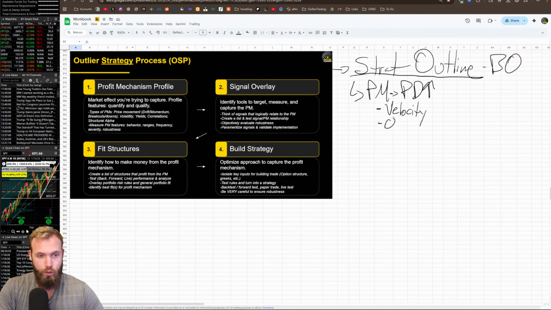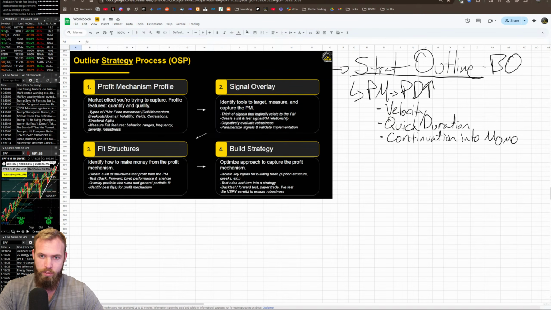And then quick duration, where the move is expected with the potential for continuation into momentum of some sort, and so on. I'm not going to go through a strategy outline here. I just want to give you some inspiration to think of as I go through the rest and how I'm thinking about this. So how do I then figure out what strategy, or specifically to start, what structure makes sense?